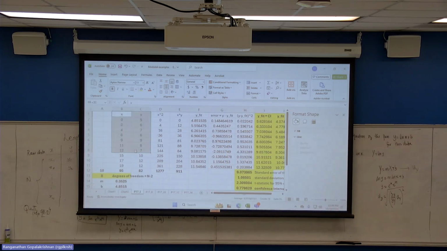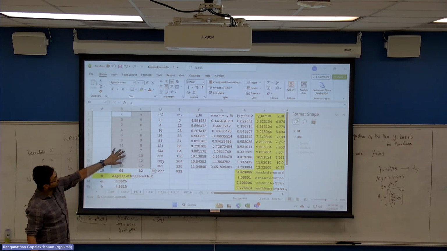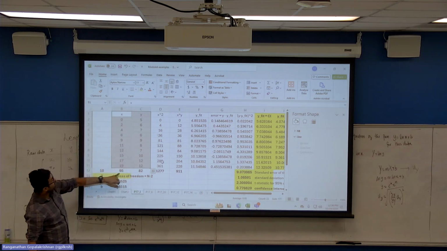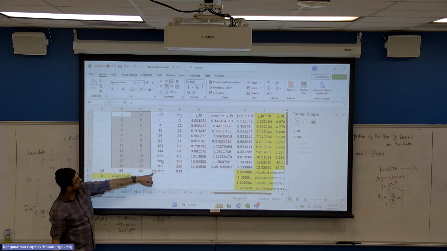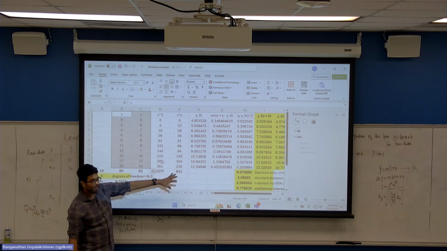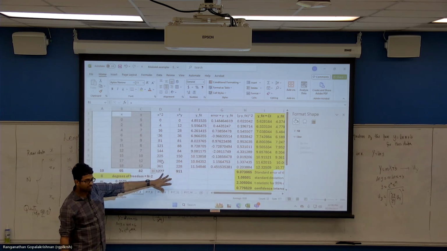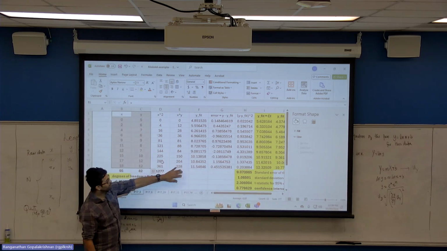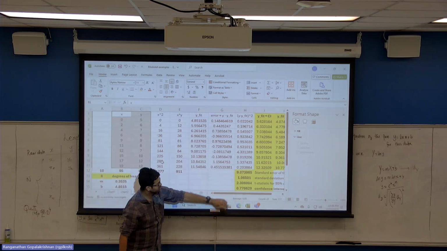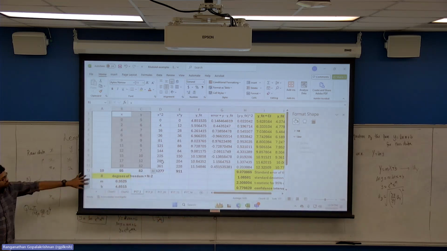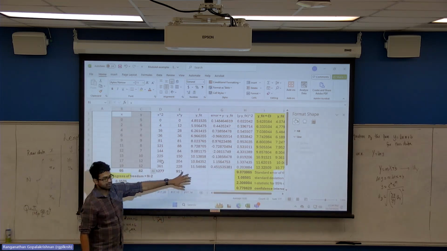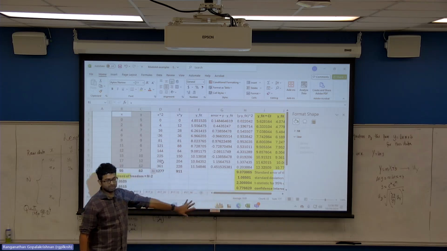You will be given this table and these values: sigma x, sigma y, sigma x squared, sigma xy. All these will be given. Now you have to compute m and b, and then these four quantities. This is the problem statement.